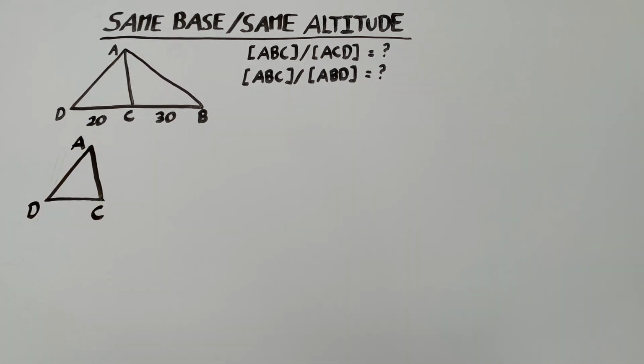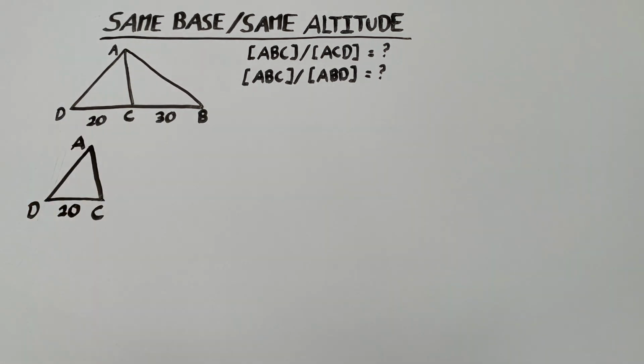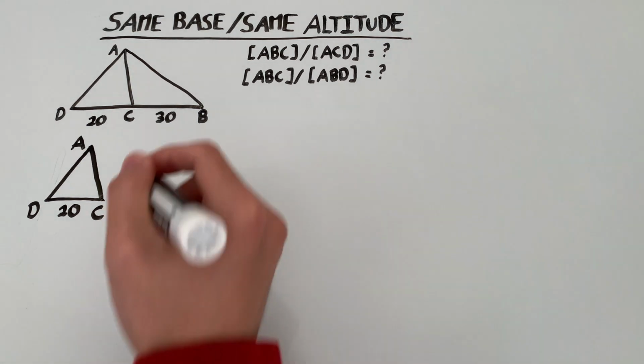We'll take triangle ACD. This is 20. And then let's take triangle ABC.